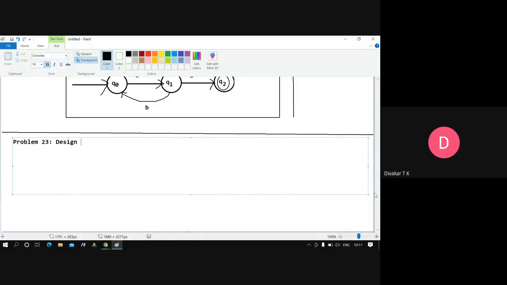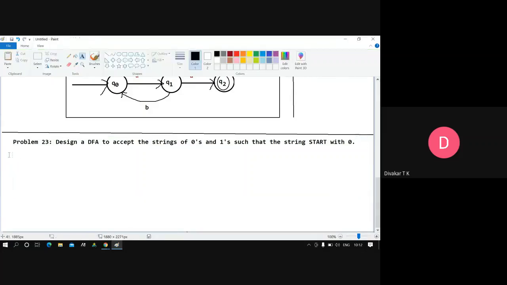Design a DFA to accept the strings over zeros and ones, such that the strings, now twist this, start with 0.